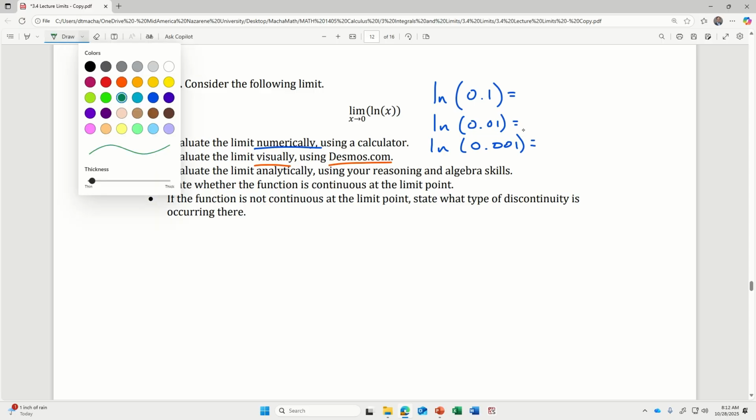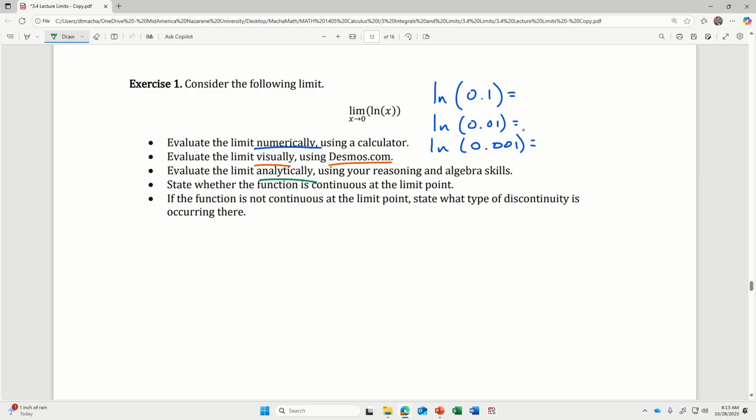Let's talk about this first analytically. What we know about the natural log function is that if I have a function equal to e to the x, the definition of the natural log function is that it's the inverse function of e to the x.